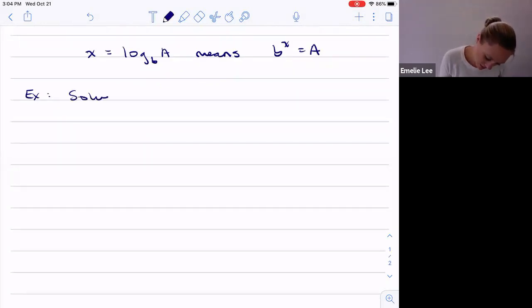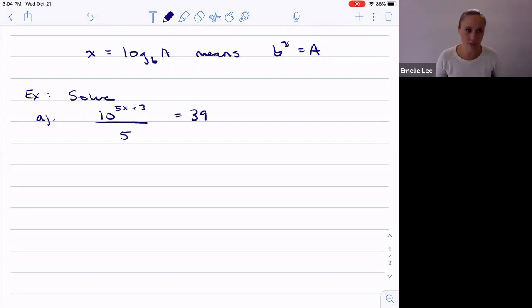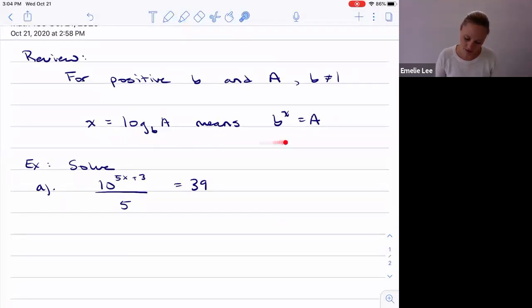If I want you to solve something like 10 to the power of 5x plus 3, divided by 5, and I tell you it equals 39, whenever I say solve, you're just solving for whatever variable is there. So if it says solve, you have to solve for x. So what you want to do is shake out as much as you can until you're able to use these rules.